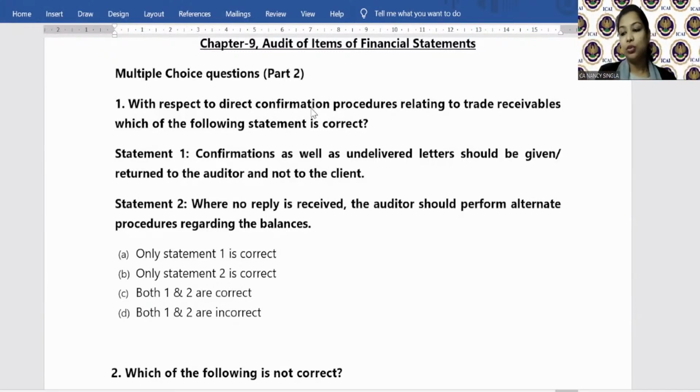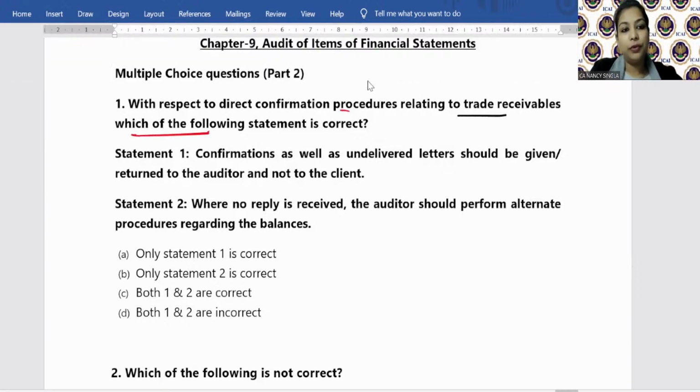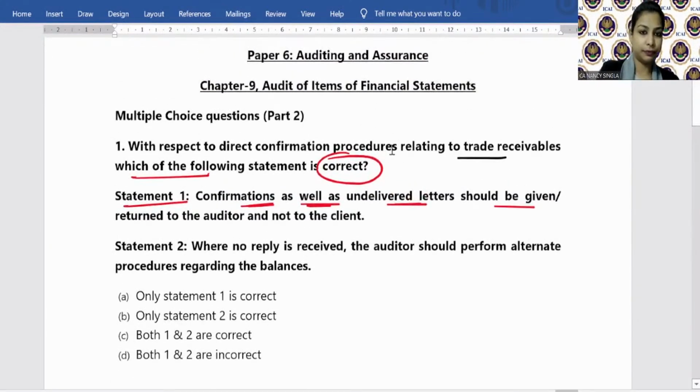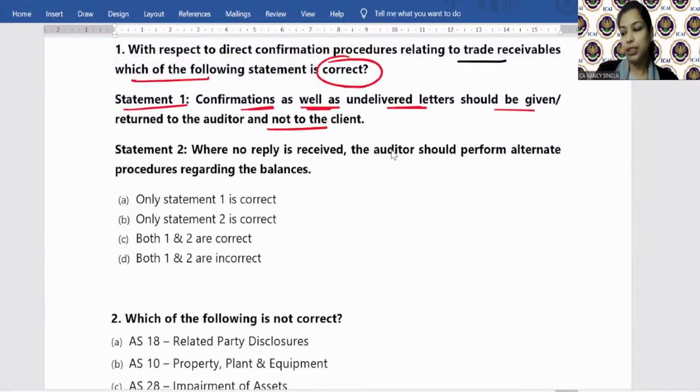So with respect to direct confirmation procedures relating to trade receivables, which of the following is correct? Statement 1. Confirmations as well as undelivered letters should be returned to the auditor and not to the client.